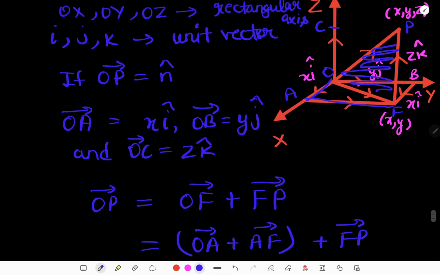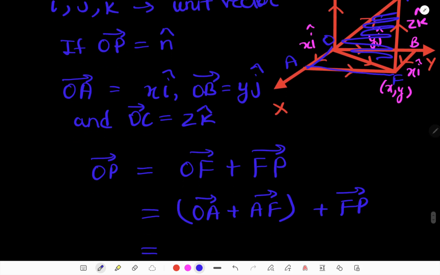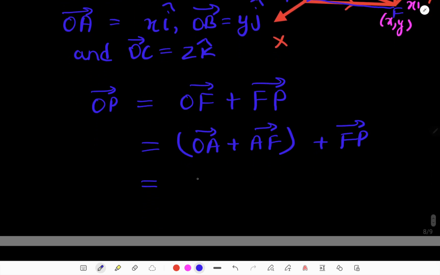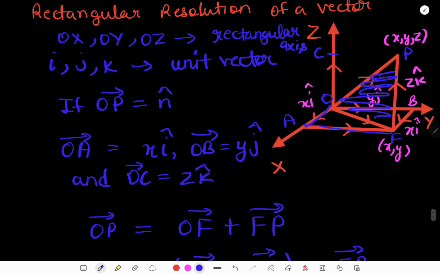In this figure you can see that AF vector is parallel to OB vector and both vectors are in the same direction and both have equal magnitude. So we can write AF vector is equal to OB vector, and similarly FP vector.